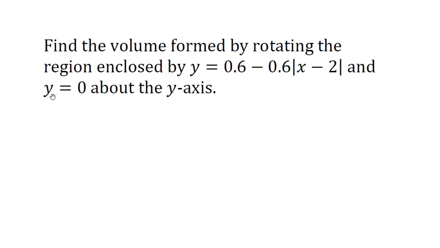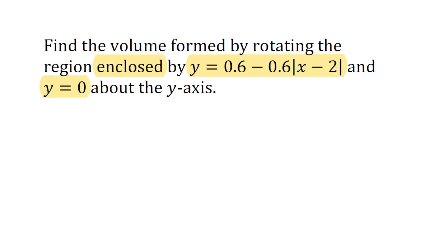The other graph is the line y equals 0, which is the mathematical name of the x-axis. Let's find out what that region is. The region is enclosed by these two graphs, these two curves. They could be curved, they could be straight lines. So let's find out.